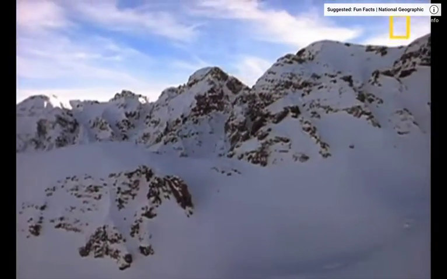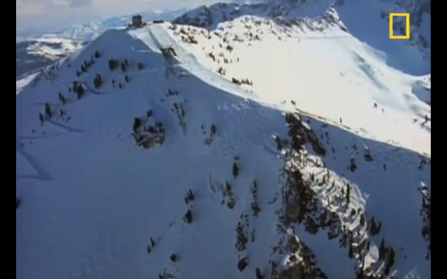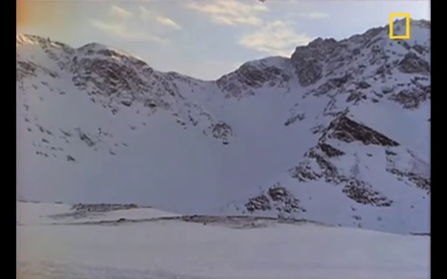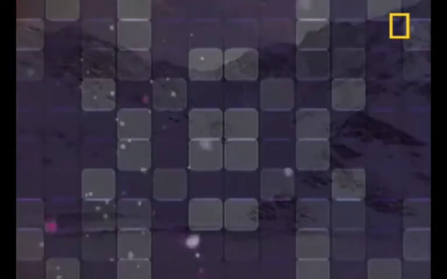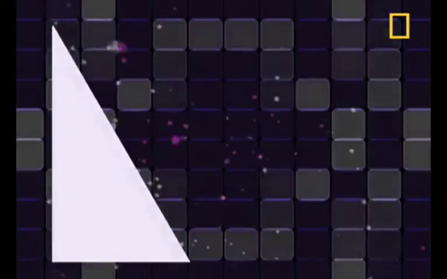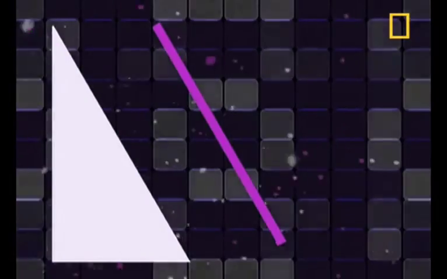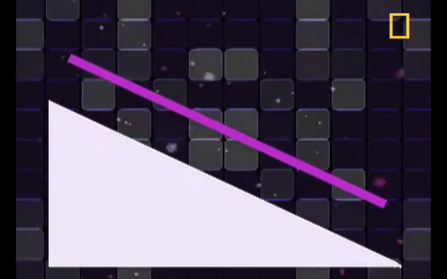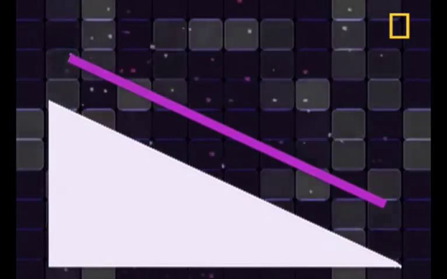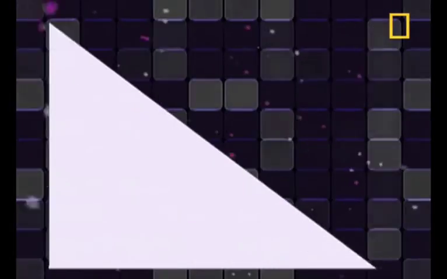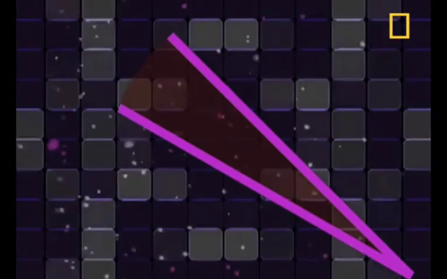Avalanches are caused by sudden changes, a heavy snowfall, strong winds, or a rapid change in temperature. The shape and angle of the slope are important factors. Slopes over 60 degrees are usually too steep. Slopes under 25 degrees are too gentle. The danger zone comes between 30 and 45 degrees. Just where people like to ski and sled.